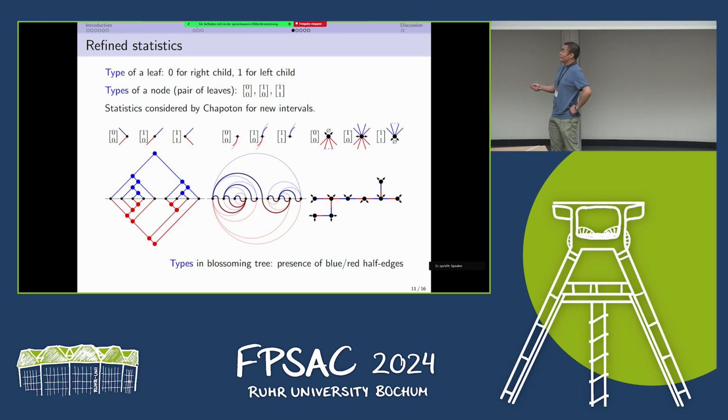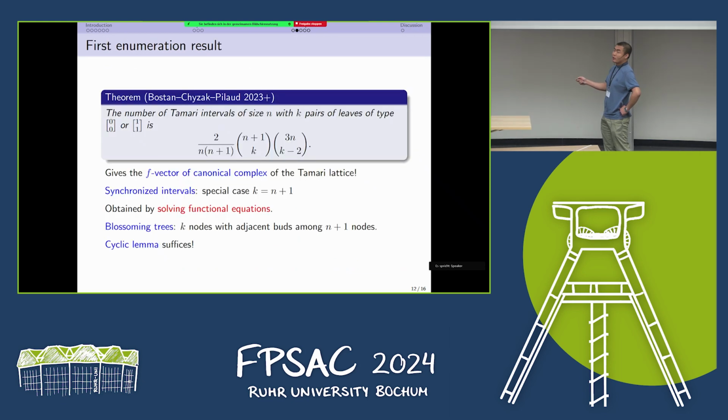So in fact, if we look at each type, what they say is the presence or absence of blue or red half edges in the blossoming tree. So 0, 0 would mean there are only red ones. 1, 1 will mean there are only blue ones. And 1, 0 means that they are both.